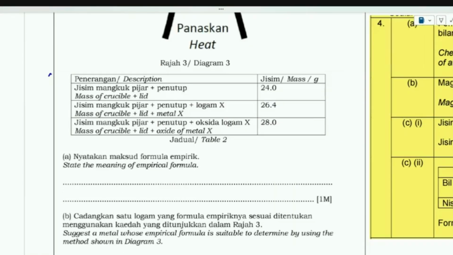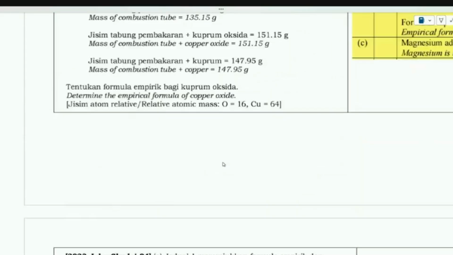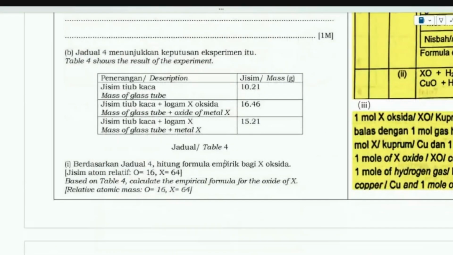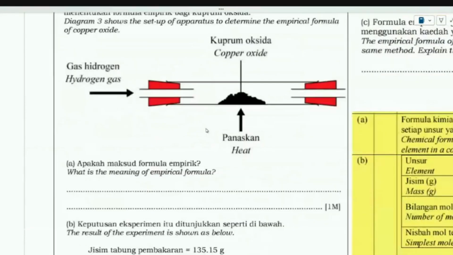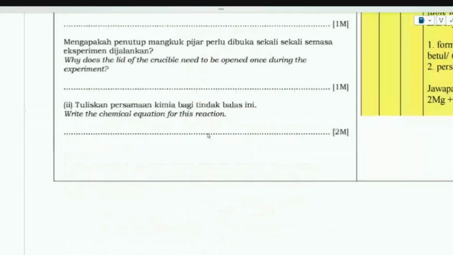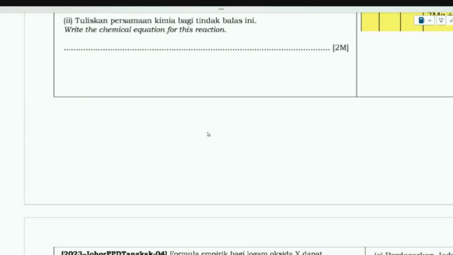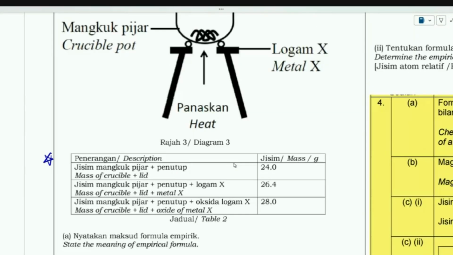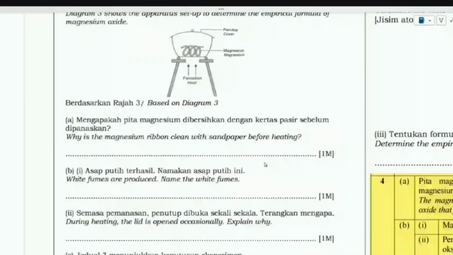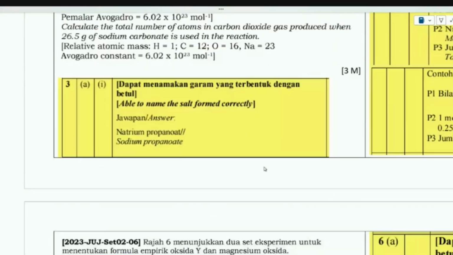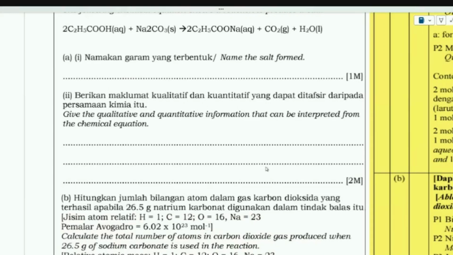For the first time of exam, this one or this one, confirm 1 will be asked in the exam. I already told you what to get ready, so don't get it wrong again. Next.